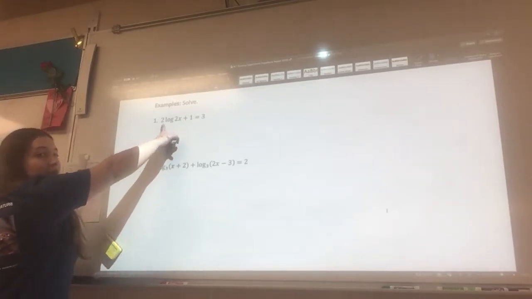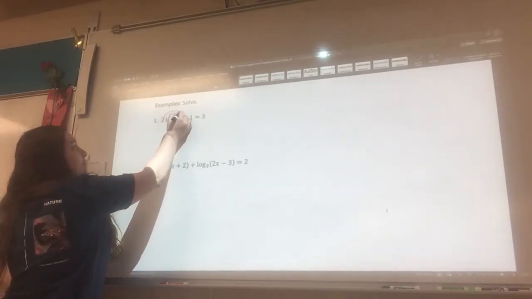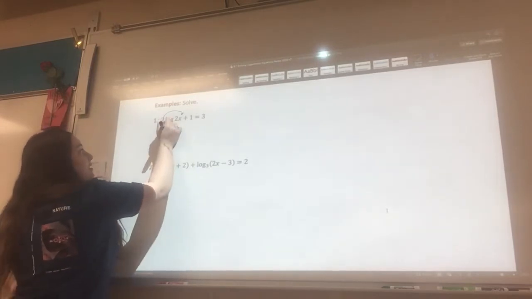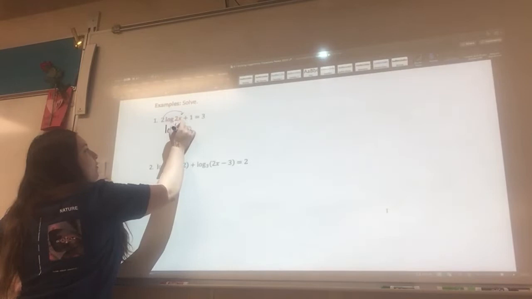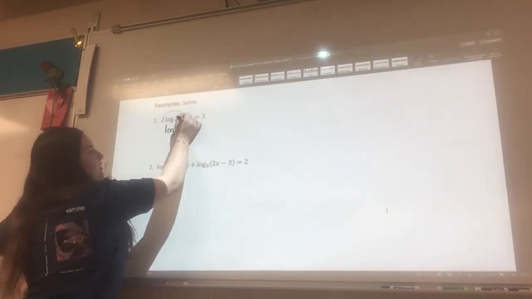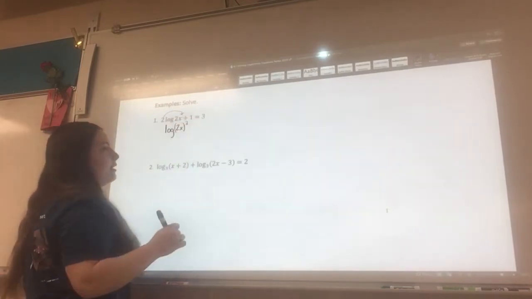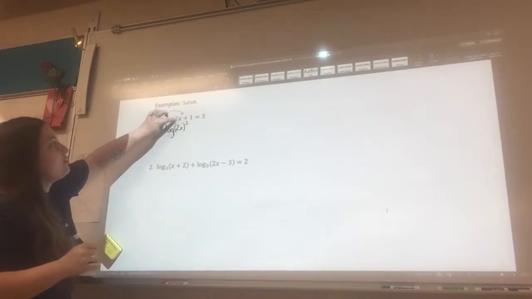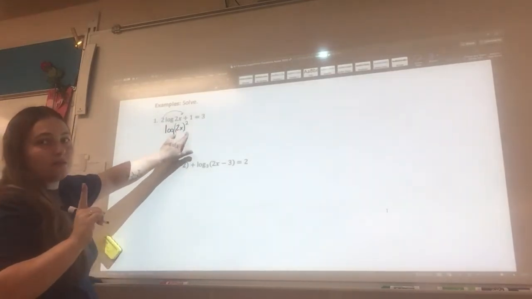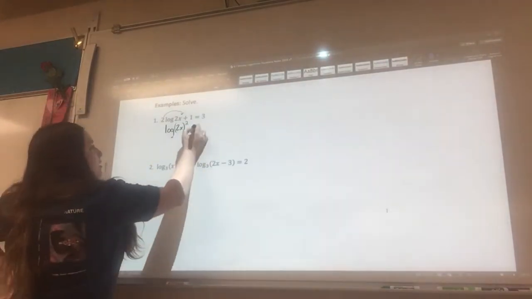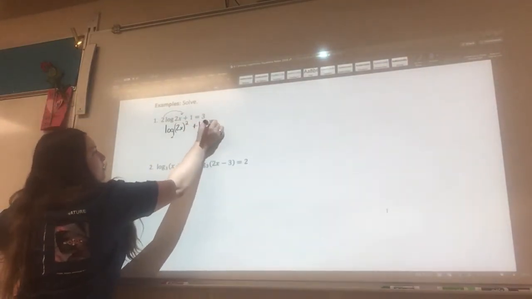There is an integer here, so I'm going to make it become an exponent. This allows this to become log 2 of x, the whole thing squared, okay? Just because this is 2x, this is not 2x squared, it's the whole thing, 2x to the squared. Still plus 1 equal to 3.